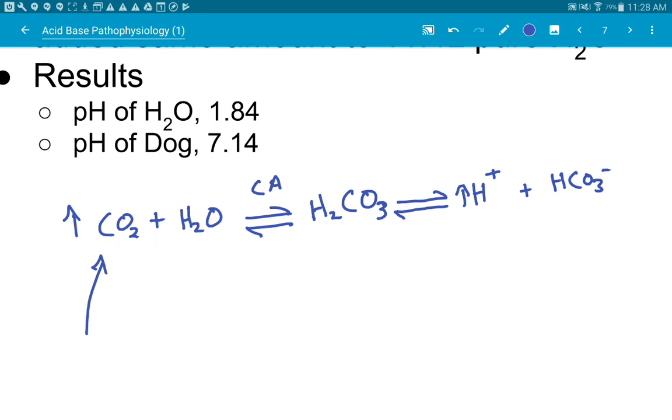And because there's more CO2 molecules to react, it's going to end up making more of the carbonic acid. And if there's suddenly more carbonic acid, it's going to end up pushing the reaction and making more of the hydrogen ions. Okay? So the oversimplified version is simply this. More CO2, more hydrogen ions, which is more acid, which lowers my pH in my body.